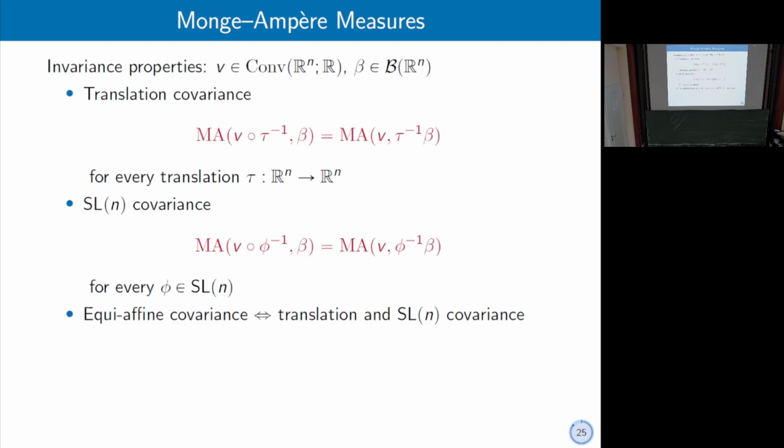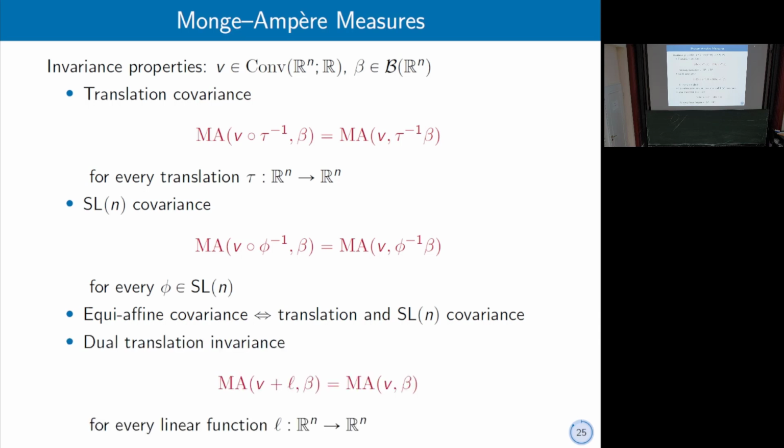And I will call this equiaffine covariance if we have translation and SL(n) covariance. And the result also requires the behavior with respect to dual translations. So if I take a convex function and I add a linear function, then this doesn't change the Monge-Ampère measure, clearly, because it's a Hessian. And this is what I want to call dual translation invariance.